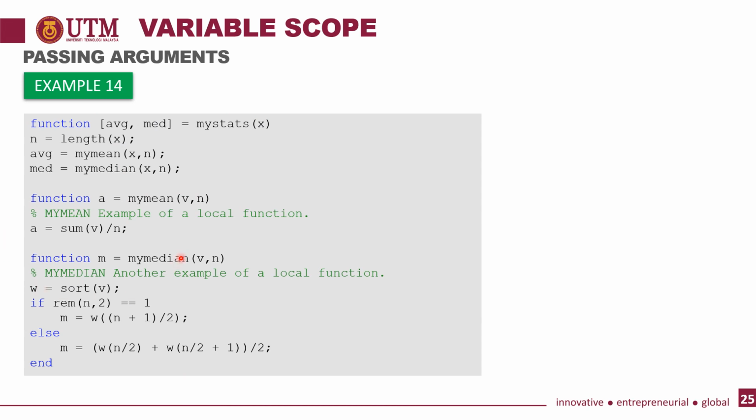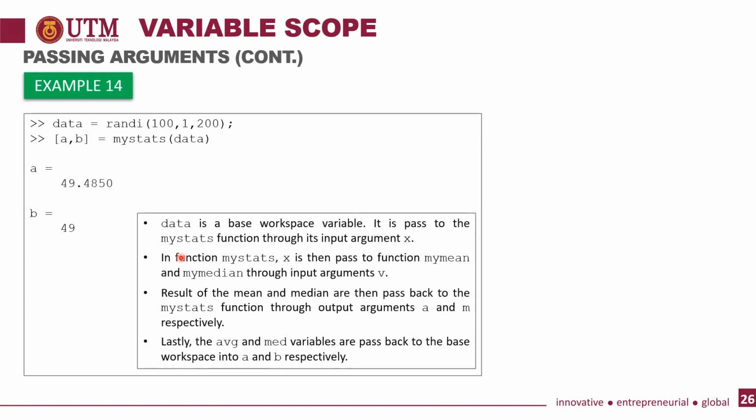In these functions, let's look at the second part. When you call those functions, for example, you initialize a variable called data equals random integers from 100 to 200, and then you initialize outputs a and b and you call myStats(data).